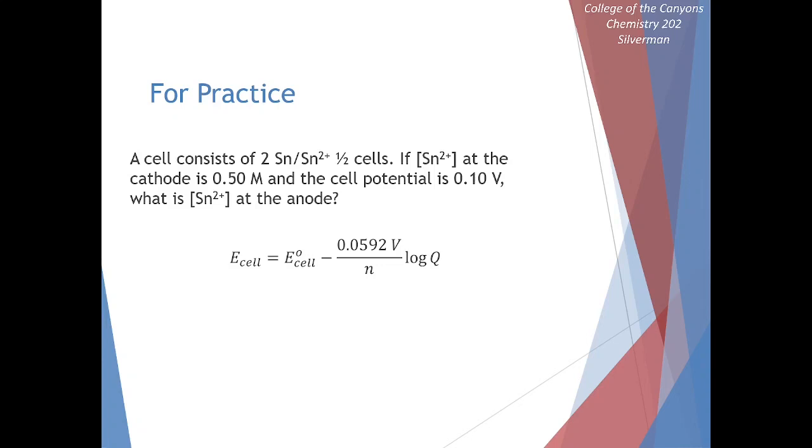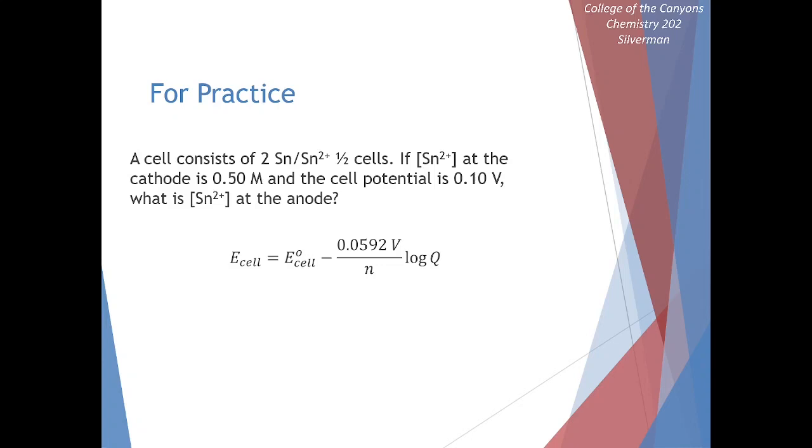Let's finish here with one last practice problem. We have a cell with two tin half reactions. The concentration of tin at the cathode is 0.5. At the anode, we want to figure out its concentration. We can measure that the cell potential is 0.10 volts.